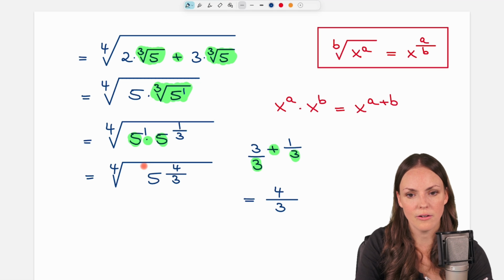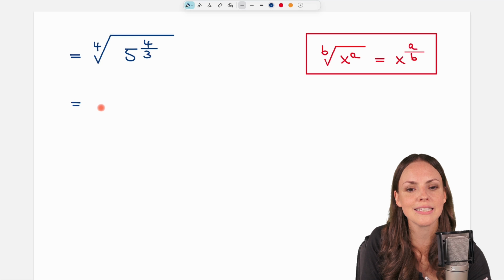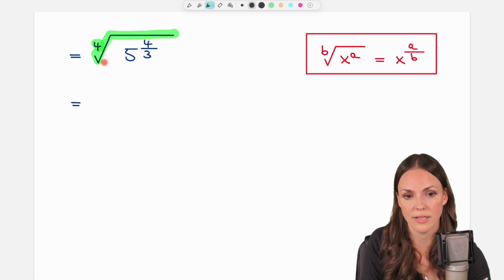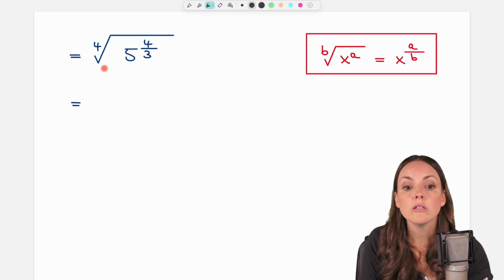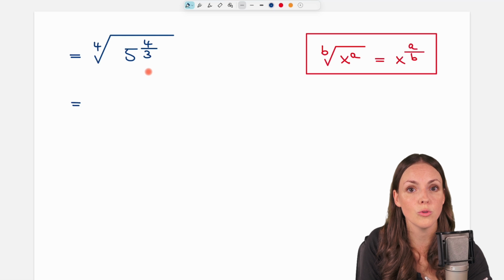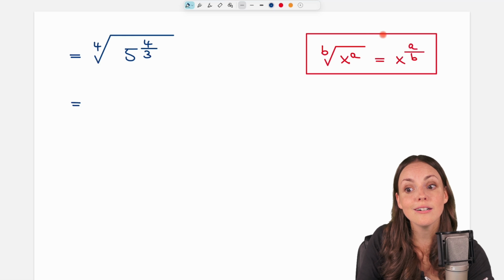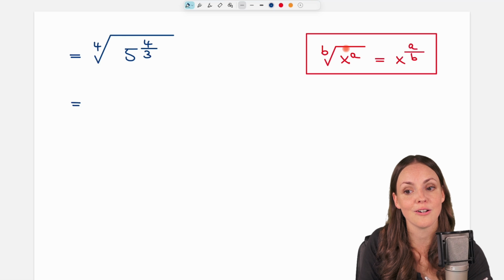Okay, this is our expression now. Still not perfect, but what else can we do here? We only have this 4th root left here, so we could use some rules for working with roots, or if we don't know these rules, we could just write our root as a power and use these rules then. So let's do this here.